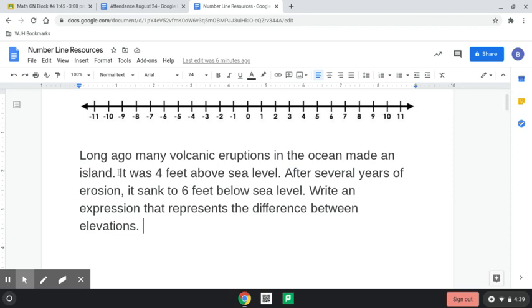So if we look here, this sentence is just setting us up, and we're thinking 4 feet above sea level. And then after that, it sinks down to 6 feet below sea level.